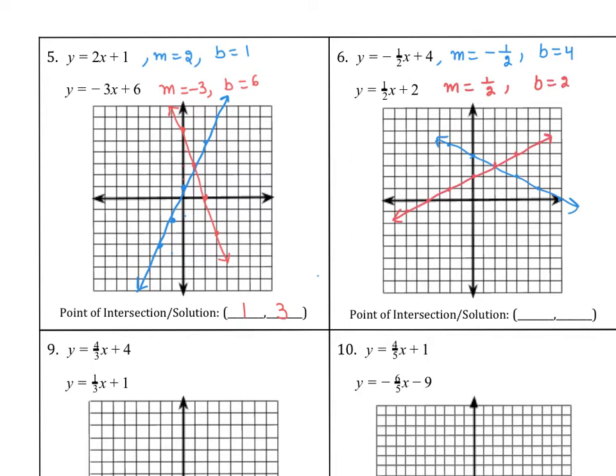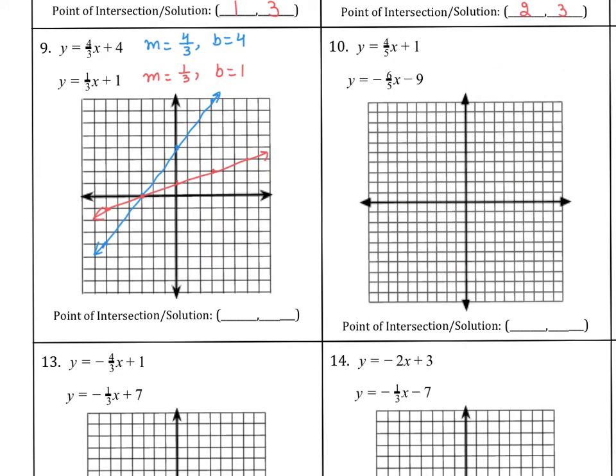For the second line, y equals 1 over 2x plus 2, the slope is 1 over 2 and b is 2. Starting from 2, you go up 1 over 2, up 1 over 2, up 1 over 2. The intersection point, right here, is 2 comma 3. So that's your answer, 2 comma 3.